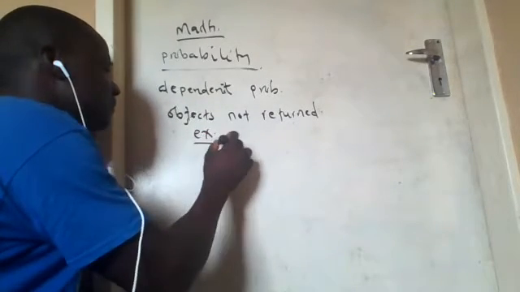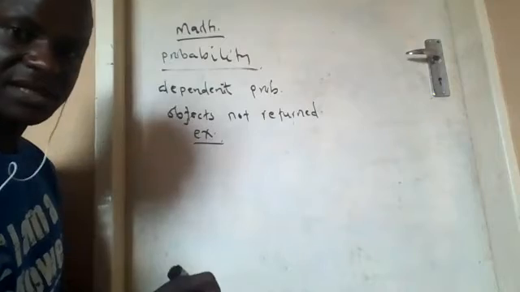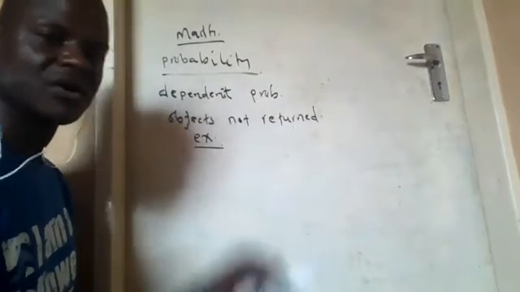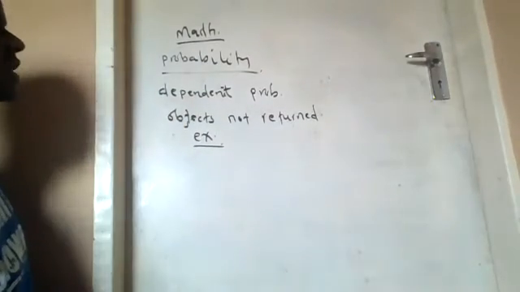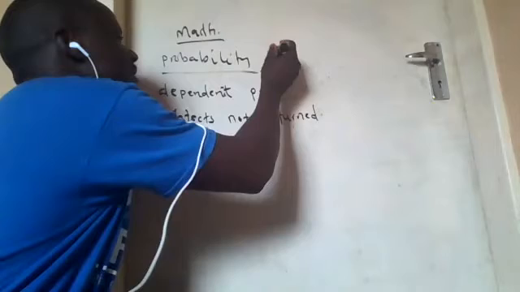Example, the same ones that I sent. Now, with dependent probability, I'm going to combine it with a tree diagram.